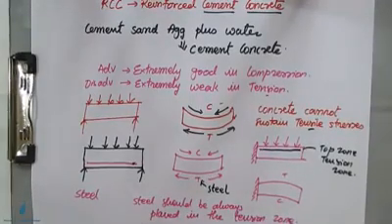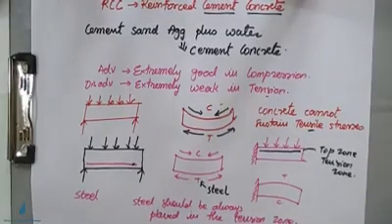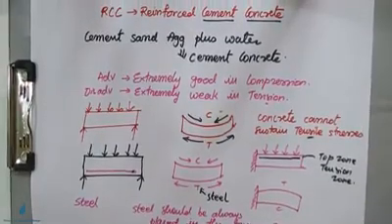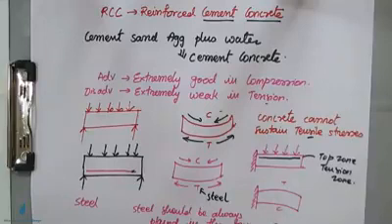After providing this, you can define RCC or reinforced cement concrete. So this is the general idea behind reinforced cement concrete. Because cement concrete is very weak in tension, we provide reinforcing bars in the concrete to give rise to reinforced cement concrete, that is RCC. And there are various codes.